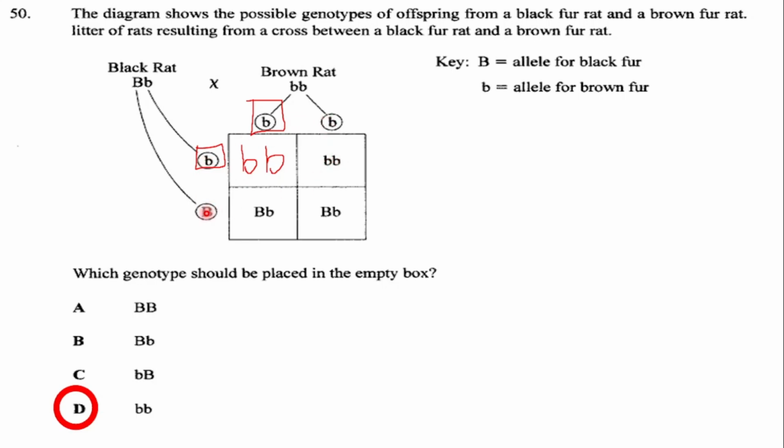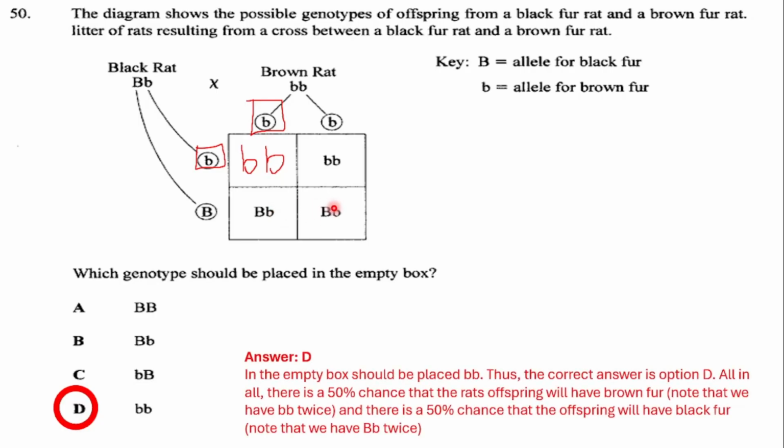We have capital B and small b, which gives us capital B and small b. We have capital B and small b, which gives us capital B and small b. So that means that on the top, we have two small b's, and at the bottom, we have capital B and small b and capital B and small b. So what does this all mean? Well, in the empty box should be placed small b, which we said is the answer D. Thus, the correct answer is option D.